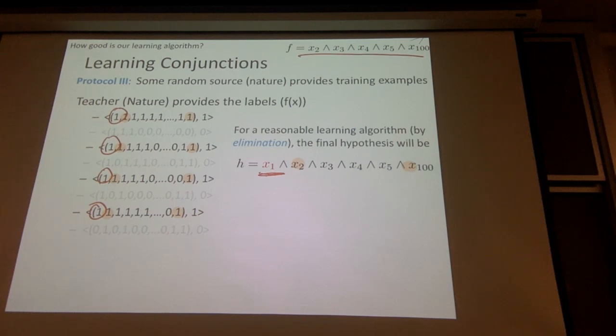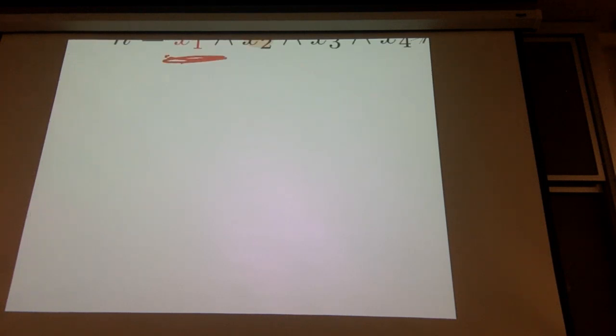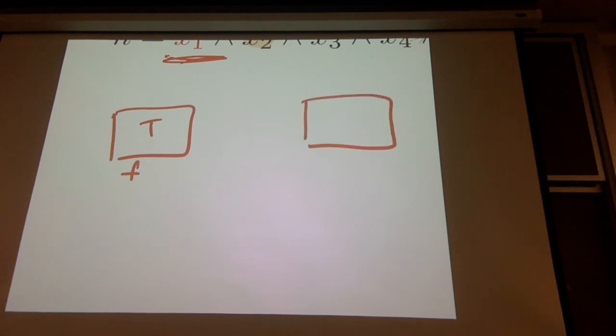Well, in all cases, the overall setup was that there is a teacher, and the teacher has a function, and there is a learner, and the learner does not have a function, and the goal is to somehow transmit that information, one way or another.